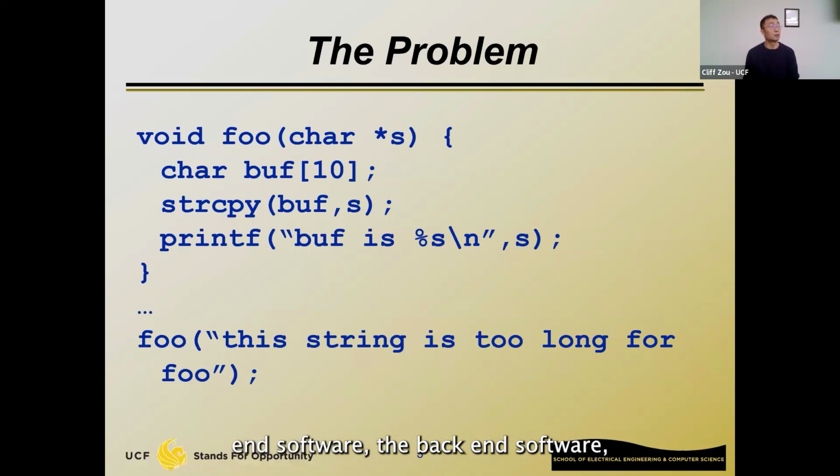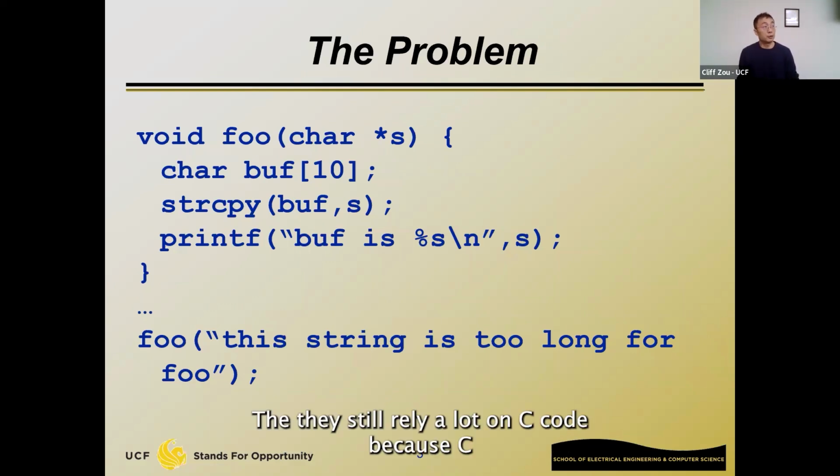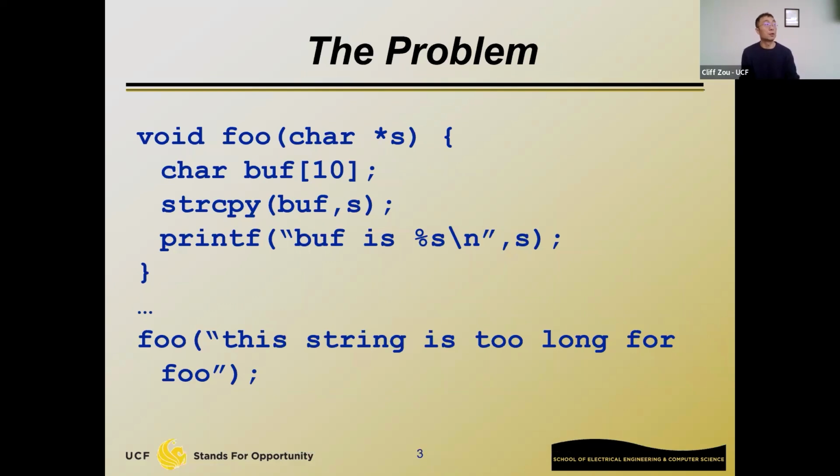The back-end software, which requires high speed and more efficient use of computer resources, still relies a lot on C code, because C is the most efficient programming language to use the hardware resources.